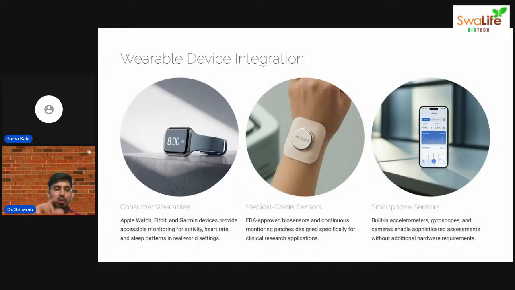Without a wearable device, we cannot do anything, because it is a source tool for identifying changes and patterns. So the wearable device is very important. It can take different forms, like watches, patches, and smart sensors. While using a wearable device, it should be an FDA-approved wearable device, because we cannot use any simple third-party app like an APK app. It should have standard reliability and validity, because you want to keep these things in your mind.